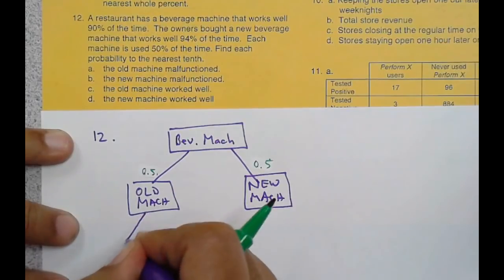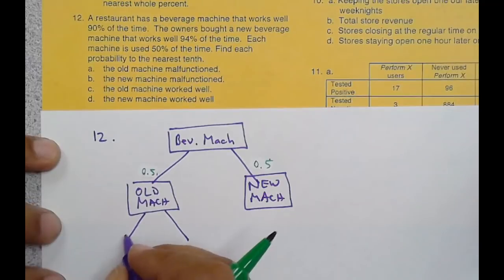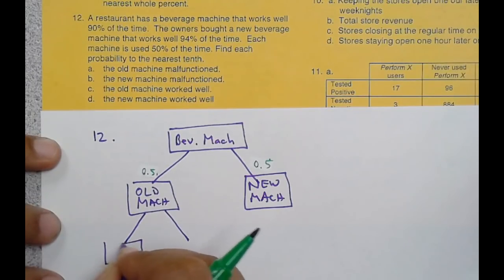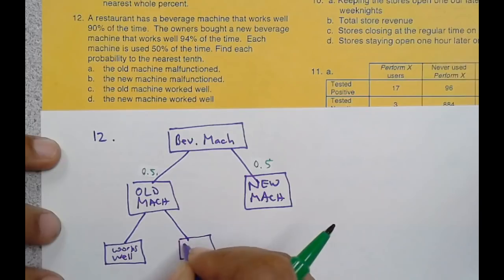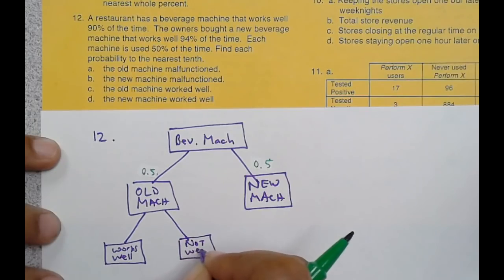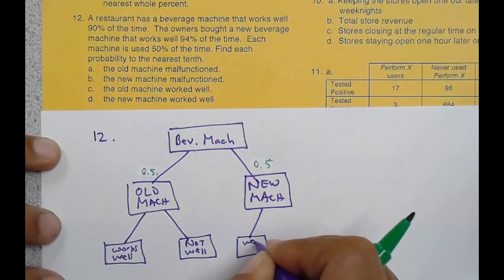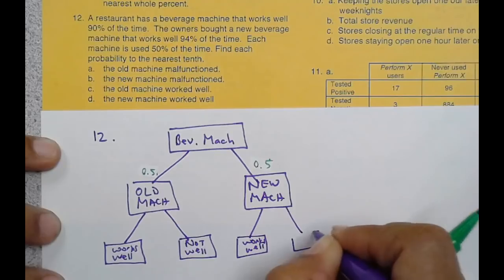And then the fact that it works well: this is works well, and this one is not well. And this is works well, and this is not well.